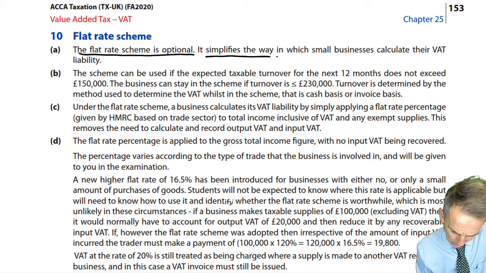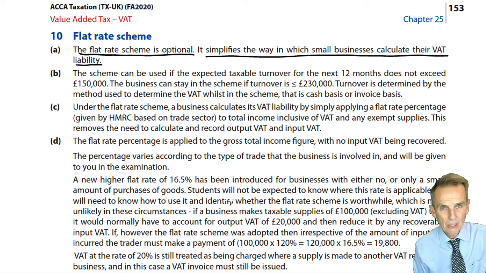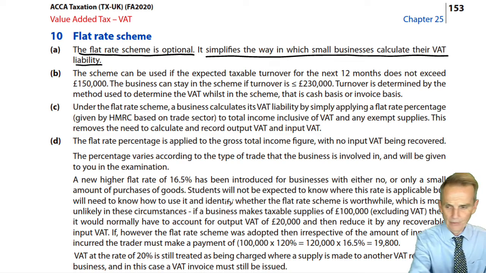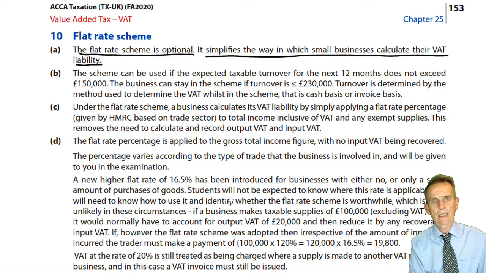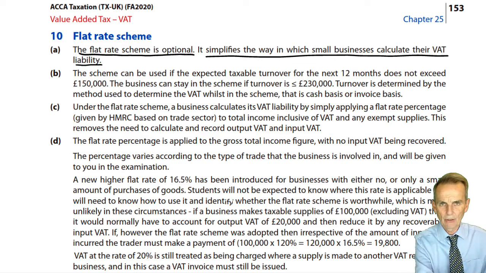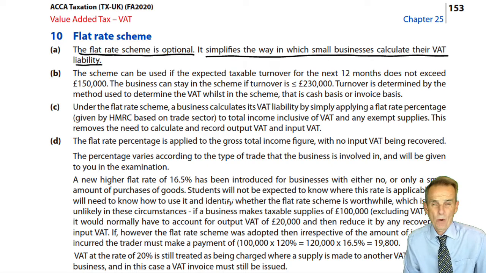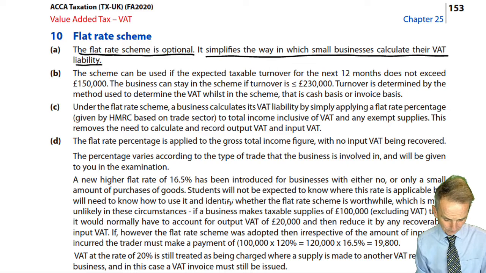As we've said, it will simplify the way in which small businesses calculate their VAT liability, because what we will not have to do is to record all of the output VAT less the input VAT in relation to the sales and purchases and expenses of a period. We just apply a given flat rate percentage. That's based on the type of trade sector we're in, but you don't have to worry about that because it's got to be given to you in terms of your examination.